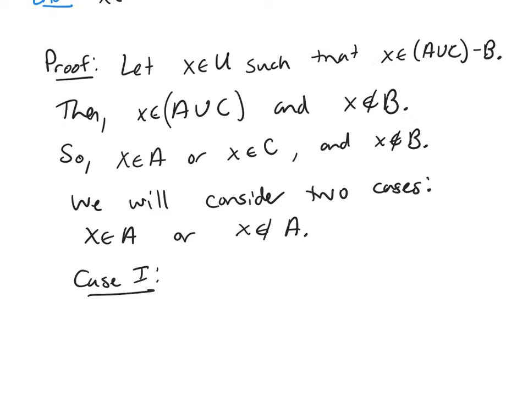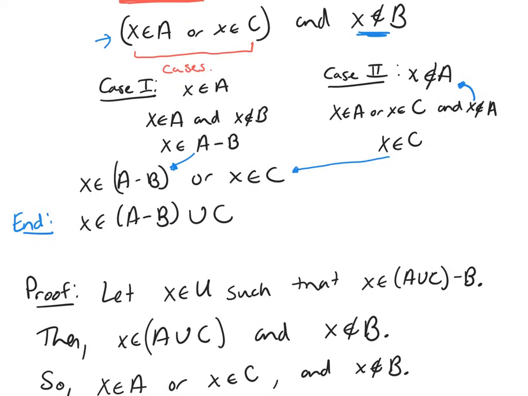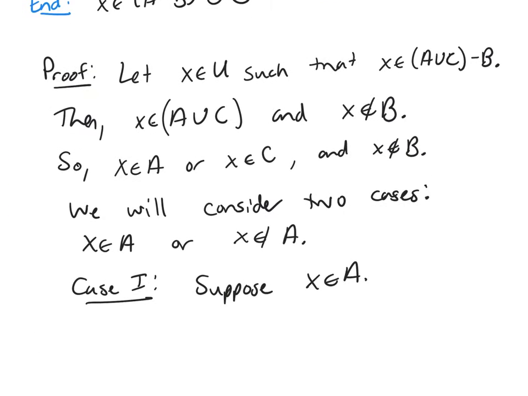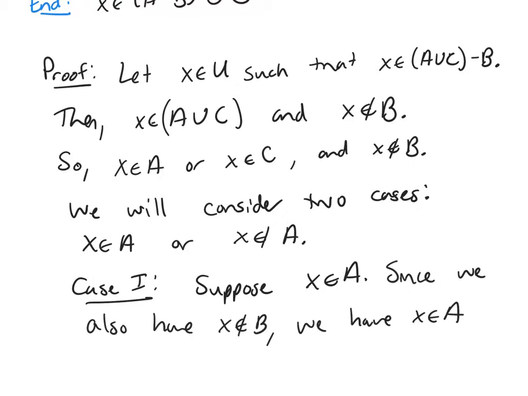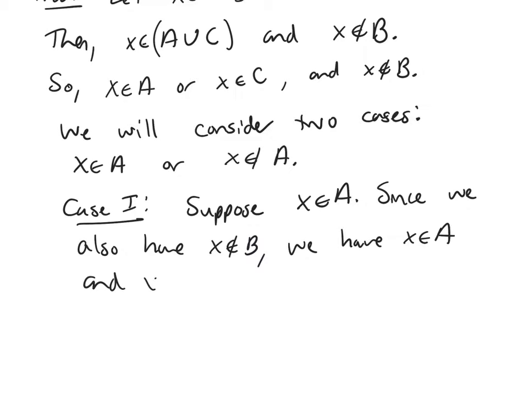In case one, we supposed X was in A. Since we also have X is not in B, we have X is in A and X is not in B, thus X was in A minus B. And that was the end of case one.